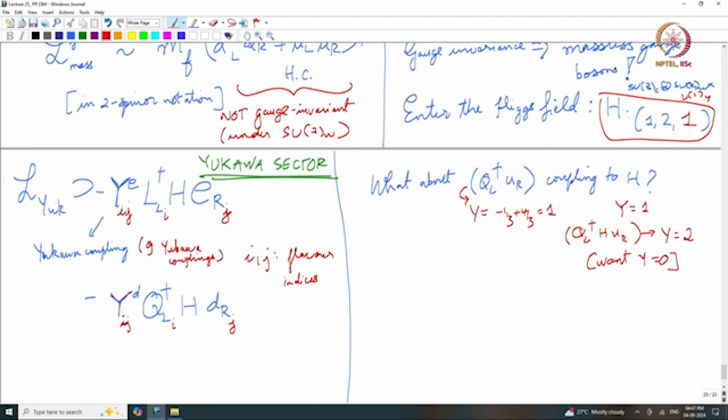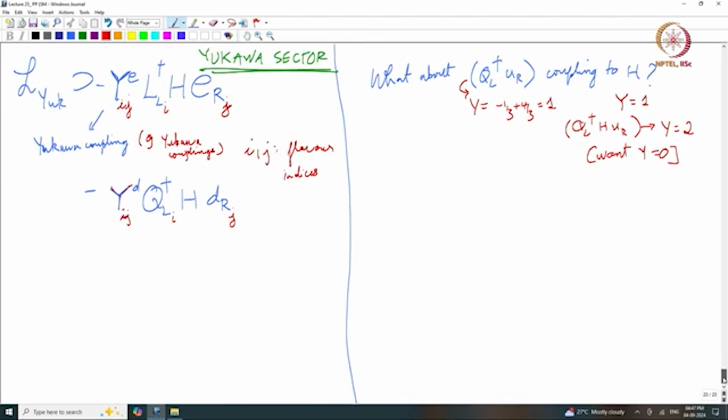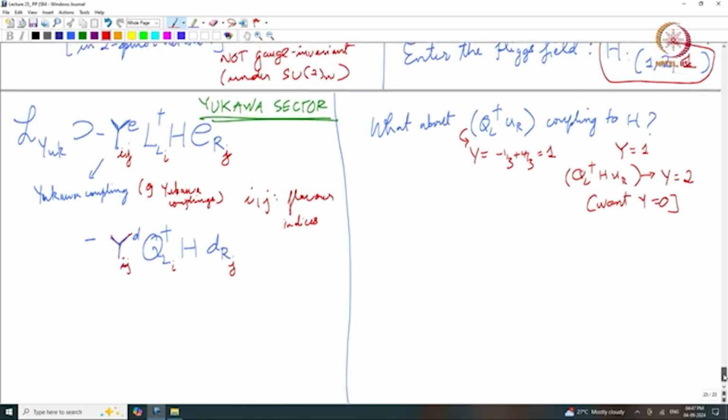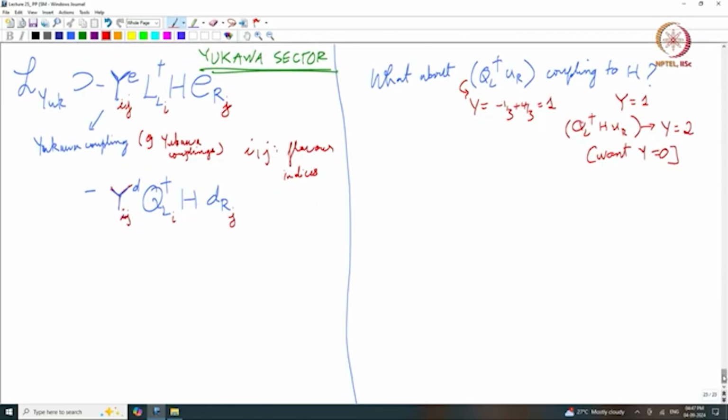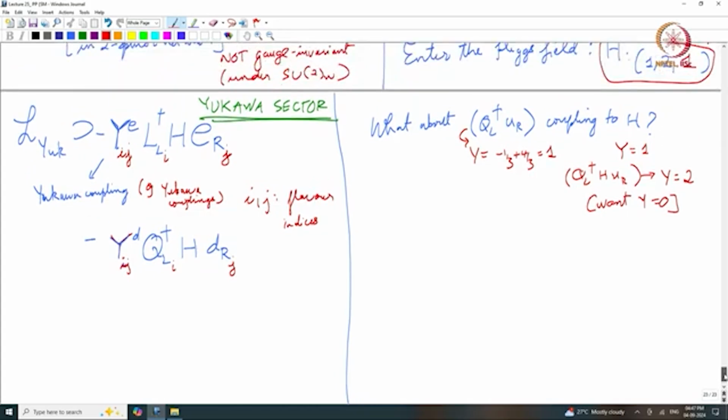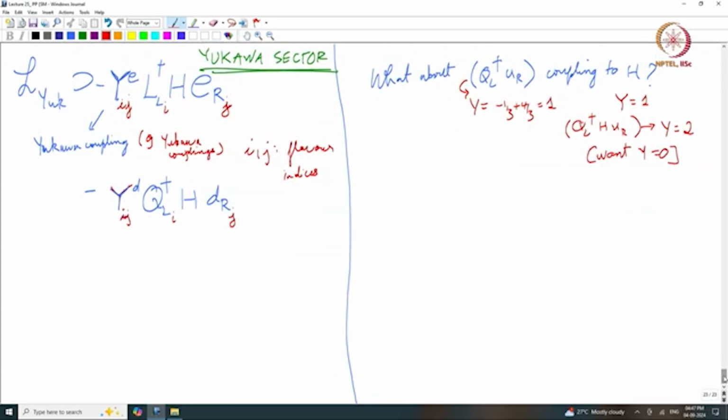So what do we do now then? How do we marry the Higgs to this combination in particular? So we are going to make use of a trick. Okay, so bear with me here. These are all important tricks, and this is exactly how we get masses for the quarks.